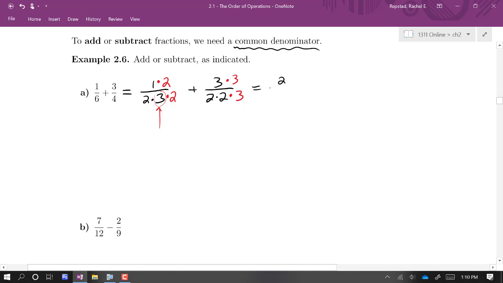The first one is 2/12, and then this is 9/12. Now that we have a common denominator, they're both over 12, we bring that denominator over, and then you do the addition or subtraction, but here we have addition on the numerators, 2 plus 9. So we get 11/12.